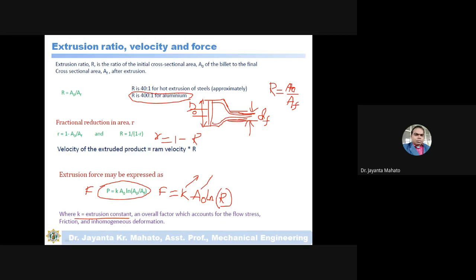A naught is also a constant value, the initial cross-sectional area. So you can change the value of R. More R value means more force is required, means more cross-sectional area reduction requires more force.